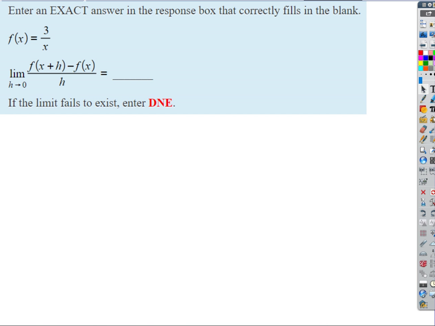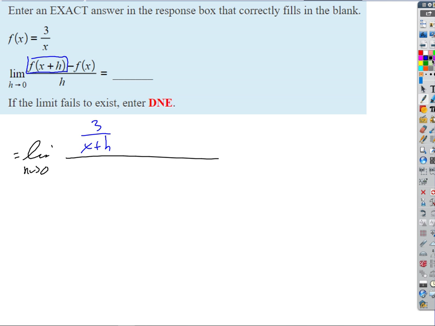Okay, so what do we do with something like this? If we're trying to take this limit, here's the function f of x. Let's color code this. f of x plus delta x, what's that going to look like? 3 over x plus h, right?